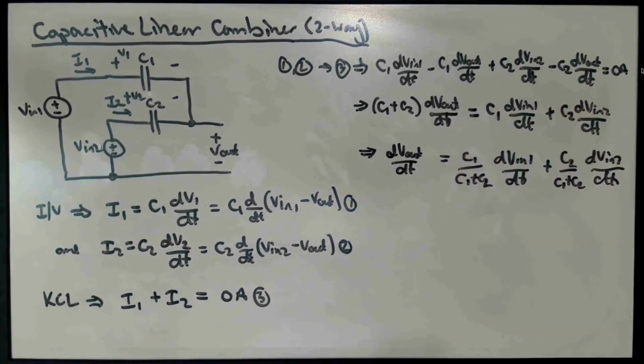Now we can actually solve this equation for Vout by multiplying both sides by dt and integrating both sides from, let's say, t equals 0 to t equals t.